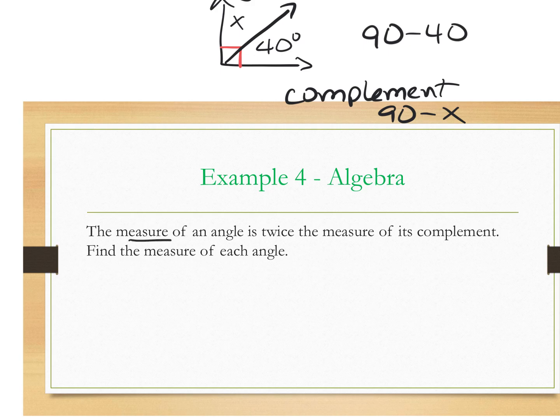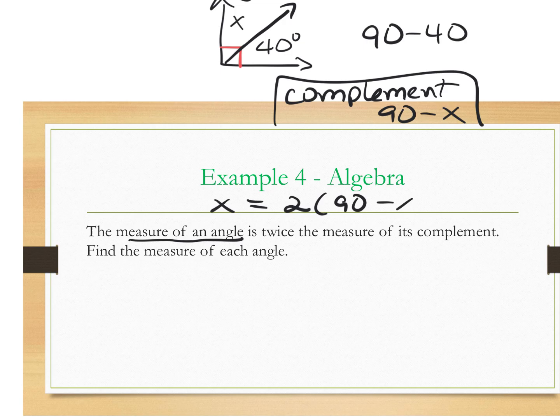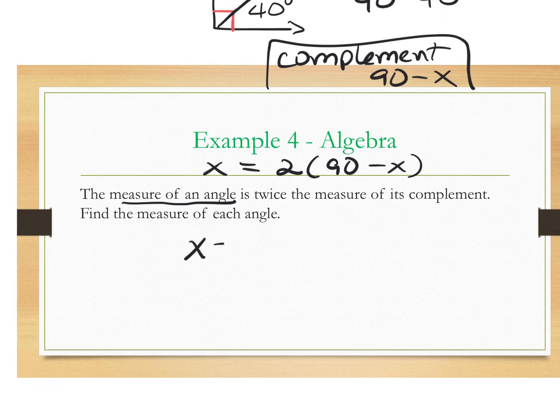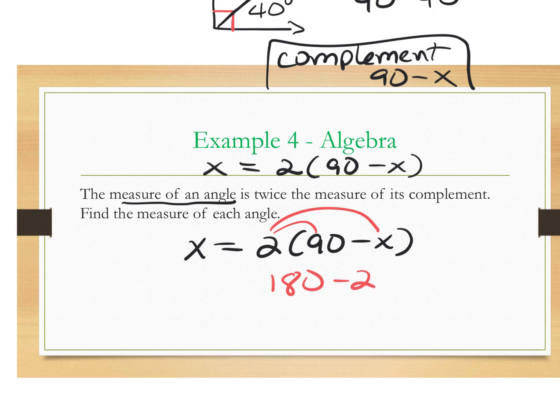So the measure of an angle, so I'm going to let that be x. The word is my equal sign. Twice means 2 times. And then remember, I just defined the complement to be 90 minus x. This is the equation that I'm going to be solving to find the answer. So if I go ahead, write it down again here, use my algebra skills, distribute, then drop down this side.